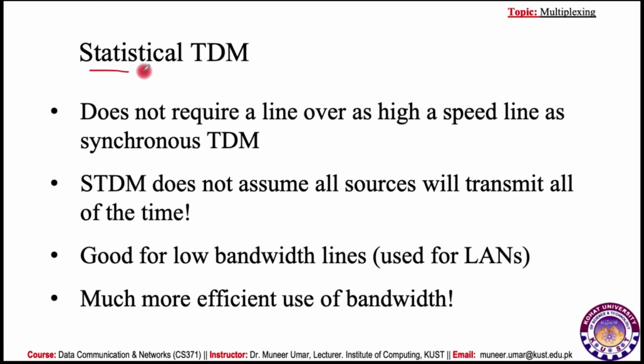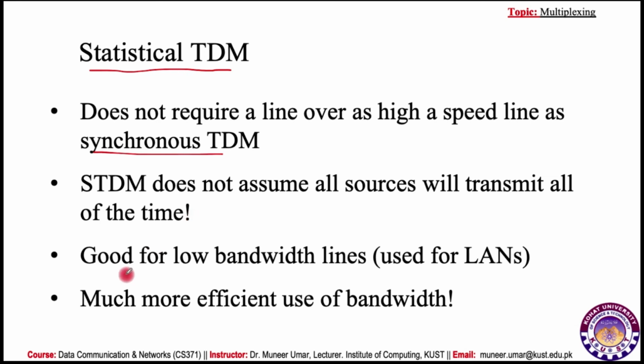This type is better than synchronous, as it doesn't require a high speed line. Statistical time division multiplexing does not assume all sources will transmit all the time. We have seen that it doesn't use any empty slots or entertain idle systems.